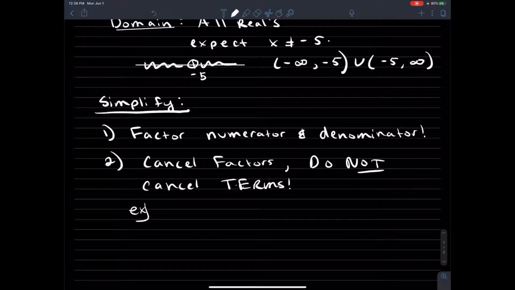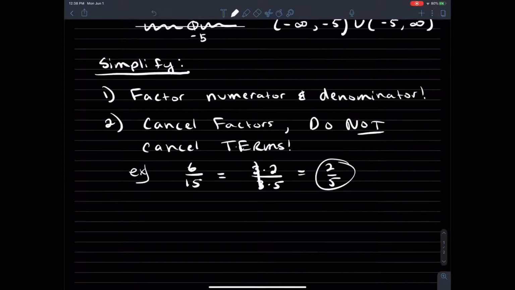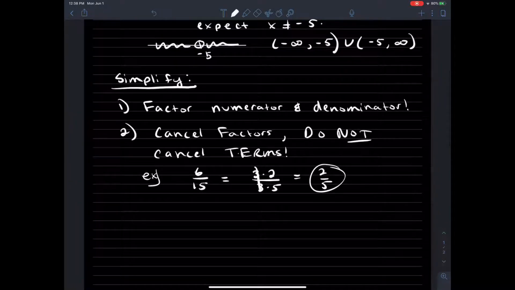So think about simplifying fractions. If I have 6 over 15, in order to simplify that, we know there's a 3 that divides top and bottom, but it's a factor of 3. 3 times 2, 3 times 5, and the 3 cancels top and bottom, and that's exactly how we're going to simplify rational expressions. So let's look at an example.